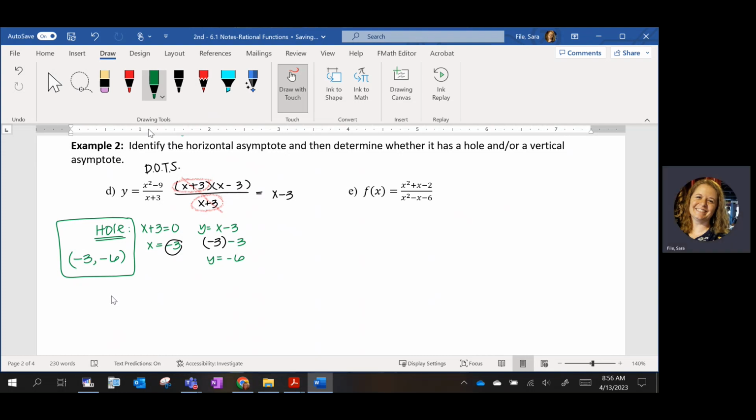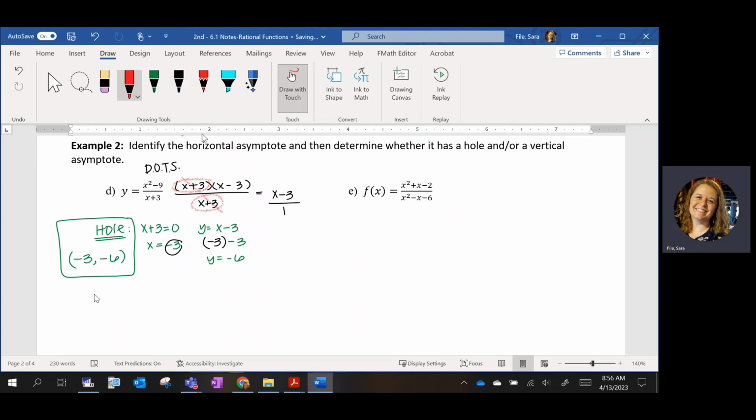Does that make sense? Now, is there anything left in the denominator when I reduce that? It's an understood 1, right? So is there anything else that could make the denominator 0 besides the -3? No, because there's not a variable there anymore, right?